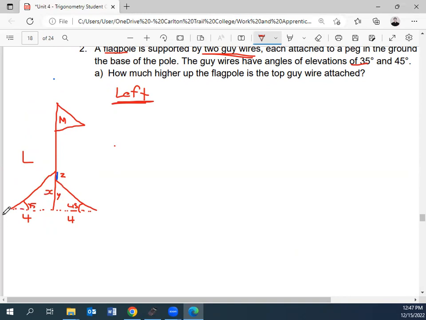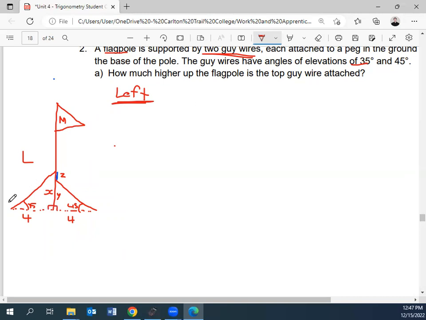Which two sides, hypotenuse, adjacent, opposite, which two sides have something there? Adjacent does, yeah, that's this one. And well, the hypotenuse is this blank thing, right?